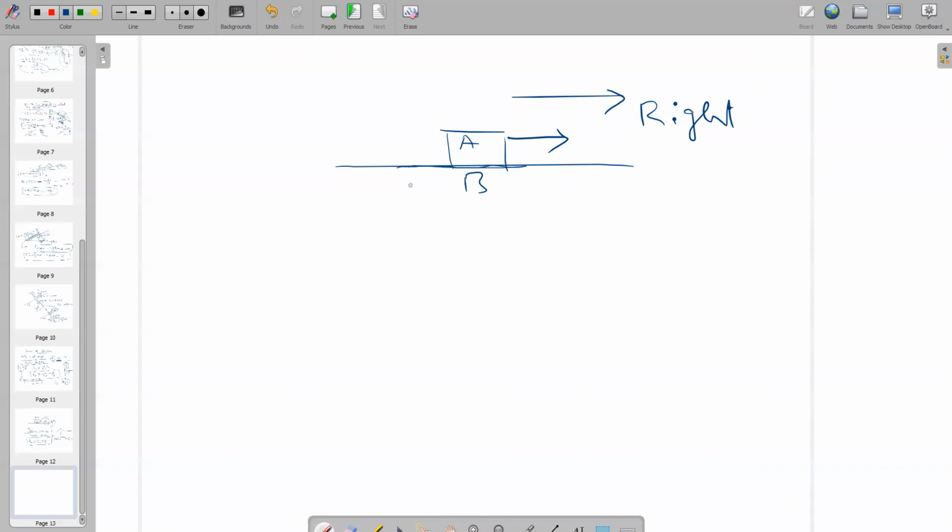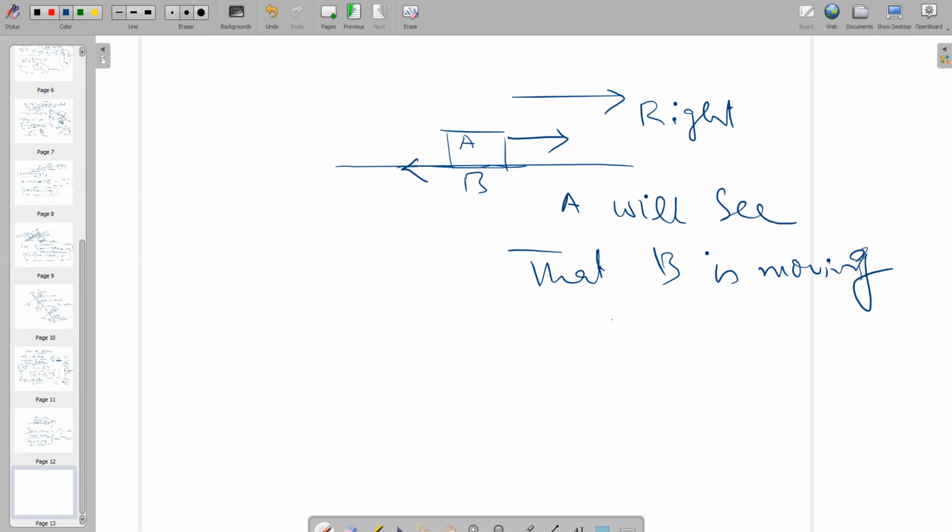Then B will exert a force in the opposite direction. So when A is moving forward, A will see that B is moving backward.